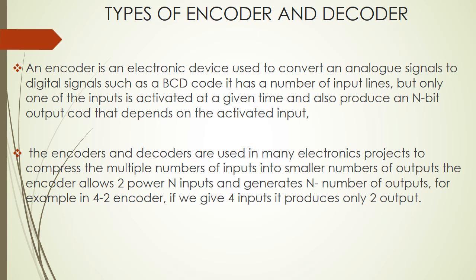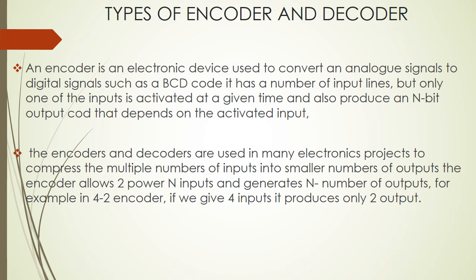What are those binary digits? They are 1s and 0s. It has a number of input lines, but only one of the inputs is activated at a given time, and it produces an n-bit output code that depends on the activated input.